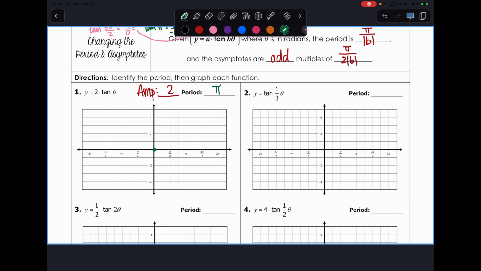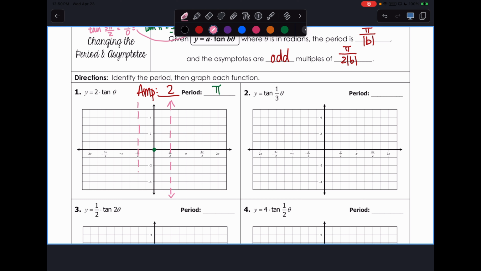If I want to make a full period, I need to make it evenly broken up from that center. So how much should I go to the right to make my asymptote? Do I go a full pi or do I go half of that pi? Does that make sense? So I'm going half of that pi because I need to make a full pi using both sides of my center.